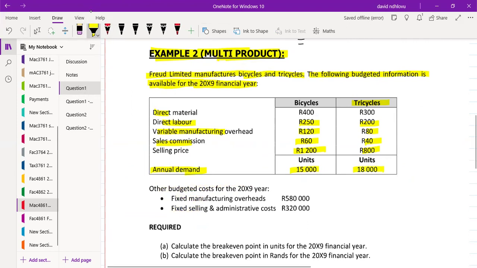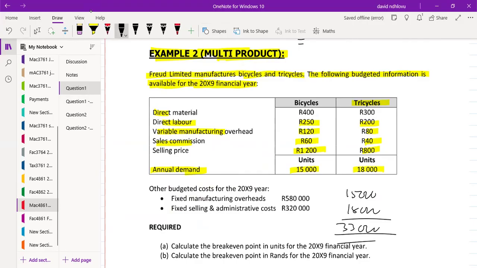So when we say the sales mix ratio, you simply say for the first product 15, and for the other 18,000, you add them. And then you determine the ratio of each by simply saying 15 over 33, 18 over 33, and you will be able to get 0.45.